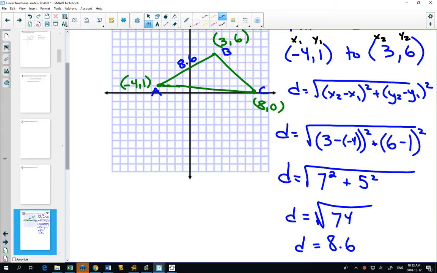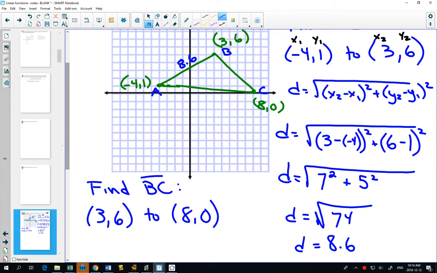Okay. So we found A to B. What do we have left? We have to find B to C. That's 3, 6 to 8, 0. I'm going to use my distance formula again, but now I have a new first point and a new second point.